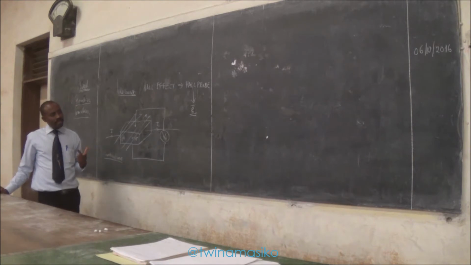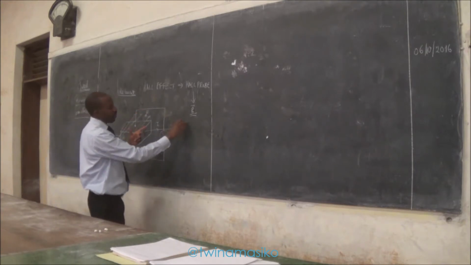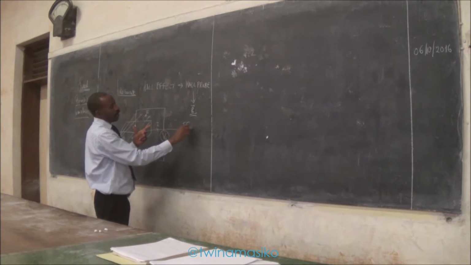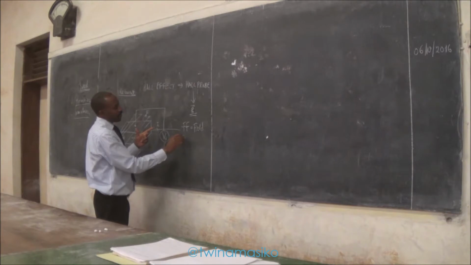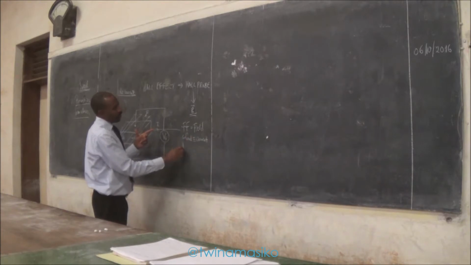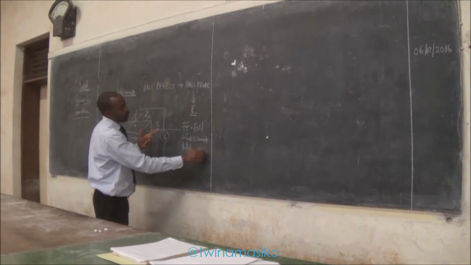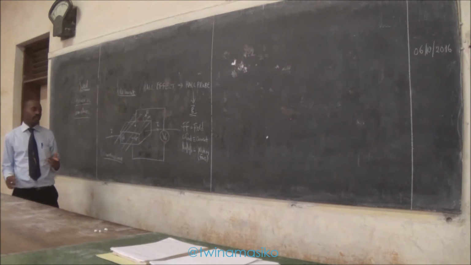Using Fleming's left-hand rule, the first finger is for the field, then the second finger is for the current, and then the thumb is for the motion, or sometimes we say the force, but we utilize the capital M for the motion.